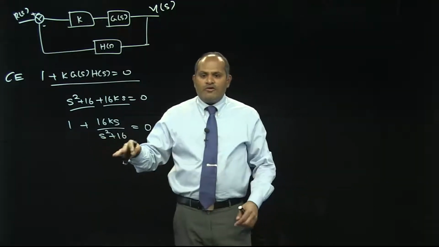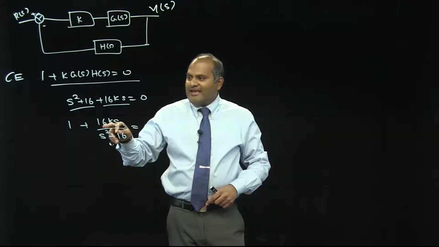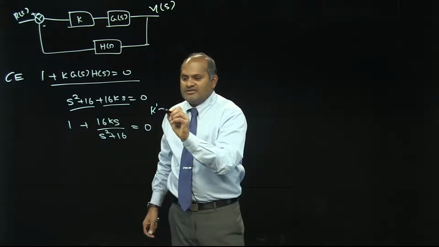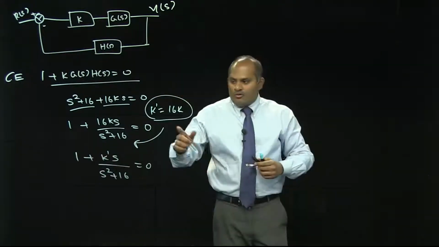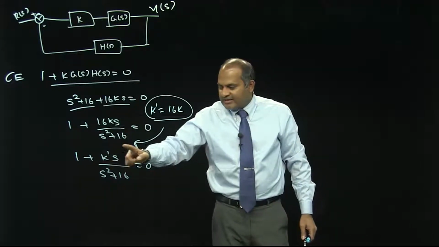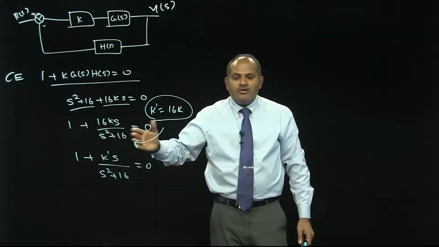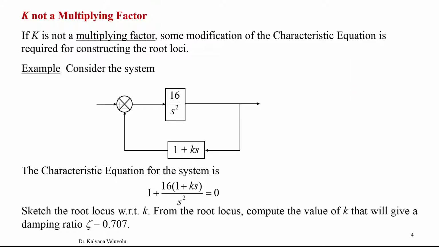By doing this, what I am trying to do is formulate it into a standard form. However, we should have k as a multiplying factor, but I have a 16k. So, I choose k dash equal to 16k and then rewrite the problem. We can replace 16k with k dash, and now this becomes our new transfer function instead of the earlier transfer function, where we have 16 into 1 plus ks, in the form where k is not a multiplying factor.